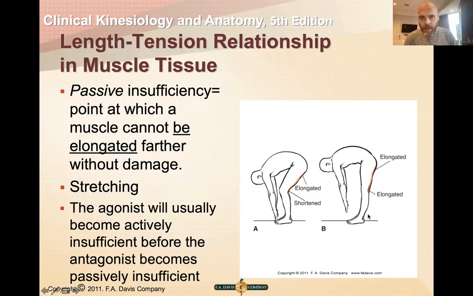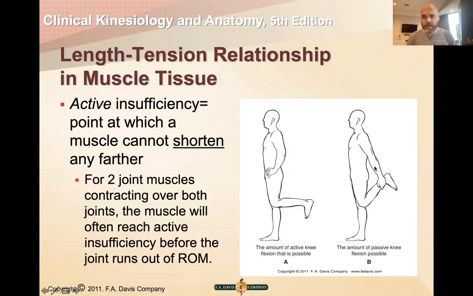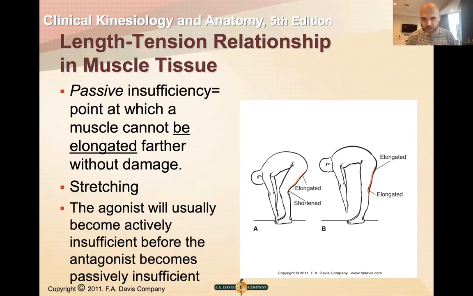And then for passive insufficiency, that's as far as you can lengthen. So active insufficiency is shortening. Passive insufficiency is lengthening without damage, so without tearing the tissue.